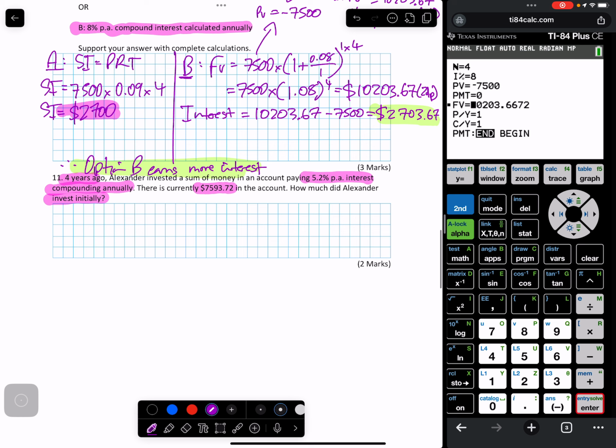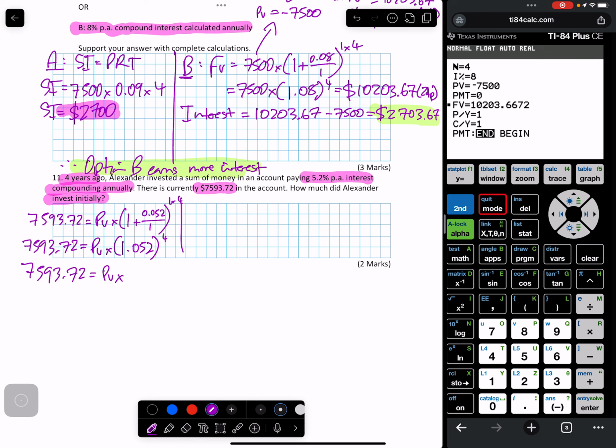You can use the formula, so I'll do that here. FV, it grew to $7593.72 equals, we don't know what was invested, so PV is unknown, times by 1 plus the interest rate, 5.2% as a decimal, 0.052, compounding annually over 1 to the power of 1. 4 years ago, times by 4, clean it up, 7593.72 equals PV times by 1.052 to the power of 4. 7593.72 equals PV.